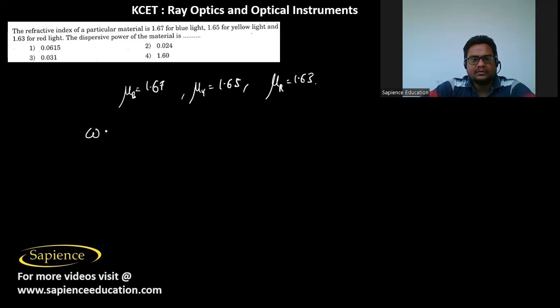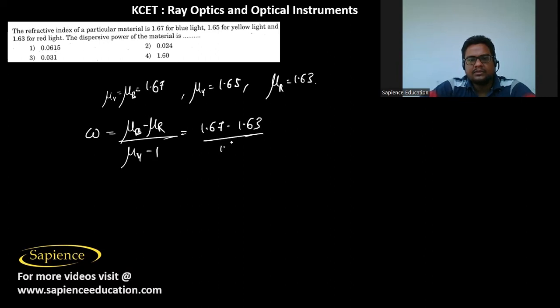So we know that omega, which is the dispersive power, is given as mu b minus mu r divided by mu y minus 1. Violet and blue will have approximately the same refractive indices. Therefore, (1.67 minus 1.63) divided by (1.65 minus 1).